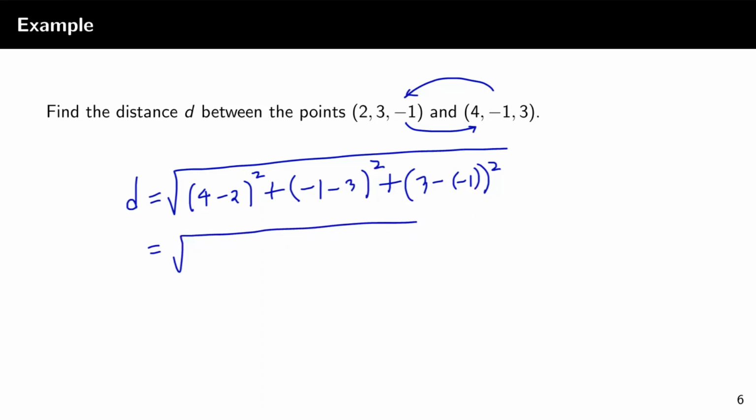So 4 minus 2 is 2 squared, so that's 4, plus negative 1 minus 3 is negative 4 squared, that's 16, plus 3 minus negative 1, that's positive 4, and then square it, you get 16. You get square root of 36, so the distance is equal to 6.